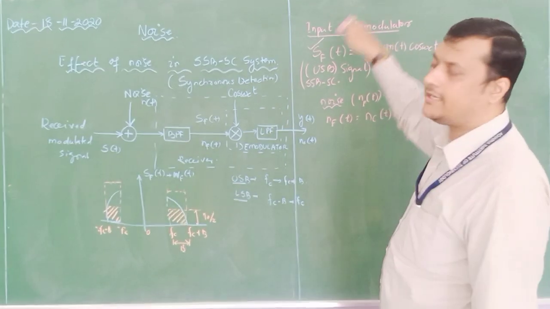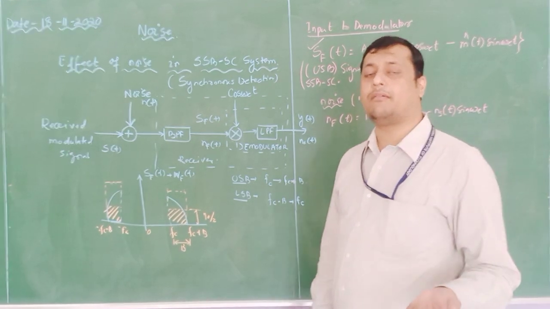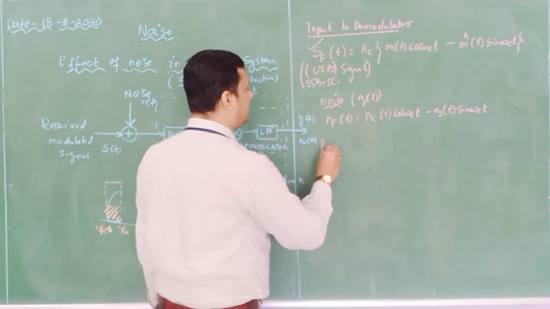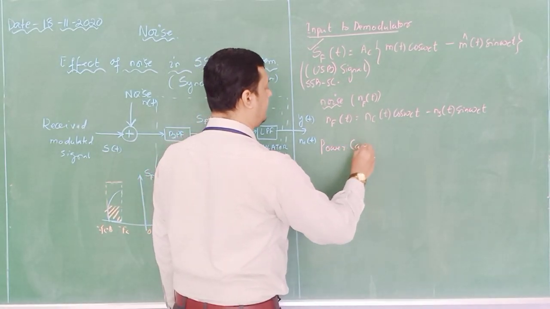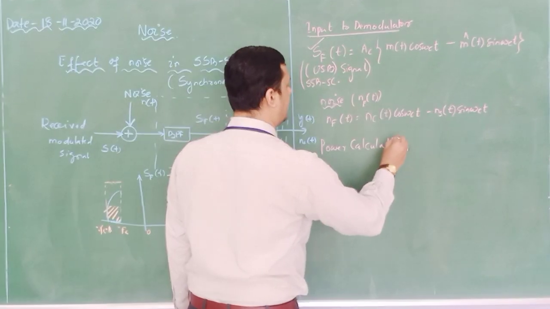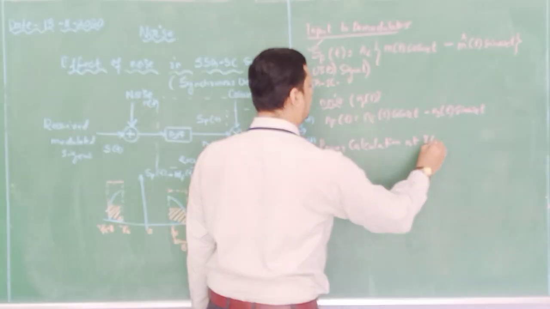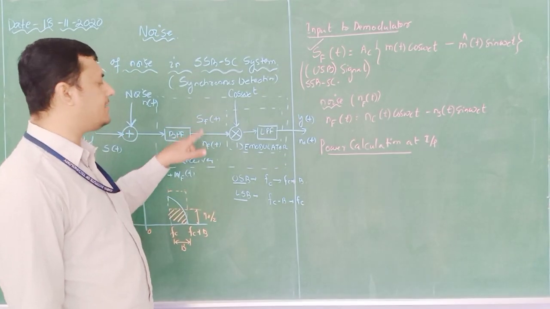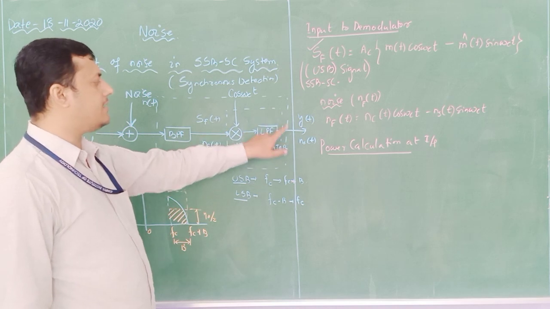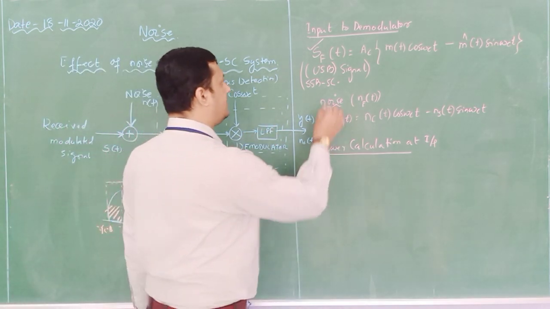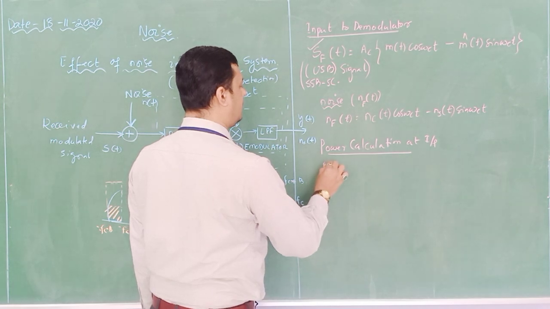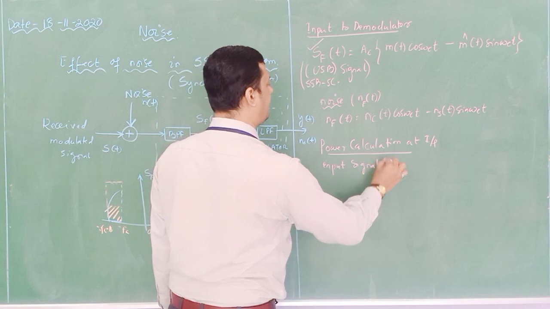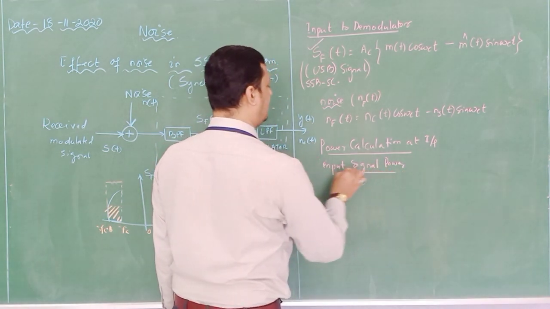Now I need to calculate the power. Then only I can identify what the input signal to noise ratio is. So, power calculation at input. Input of the demodulator. Because I need to calculate SNR at this point. So first, the input signal power.